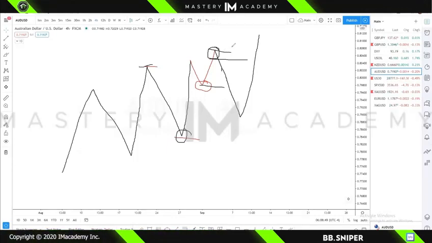So for example, when price came down and did this retracement, this high, once we trade past it, we're going outside of the range from here to here, right? So this would be external liquidity taken, that high, okay?